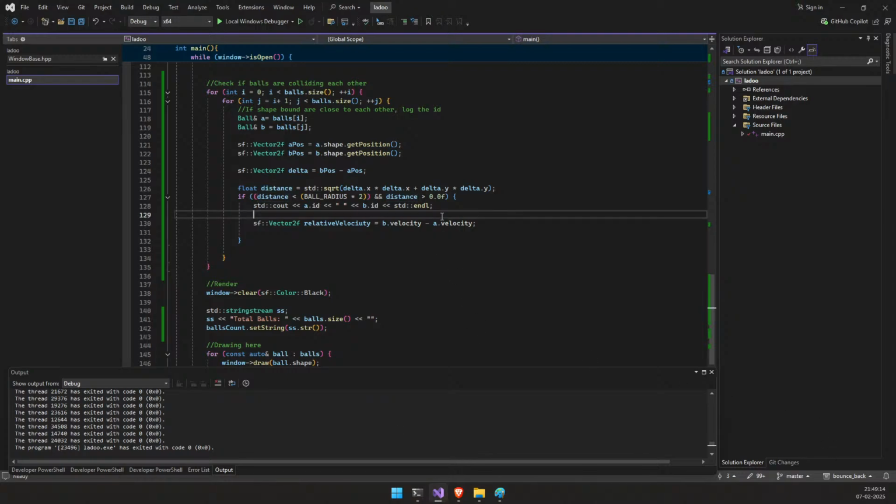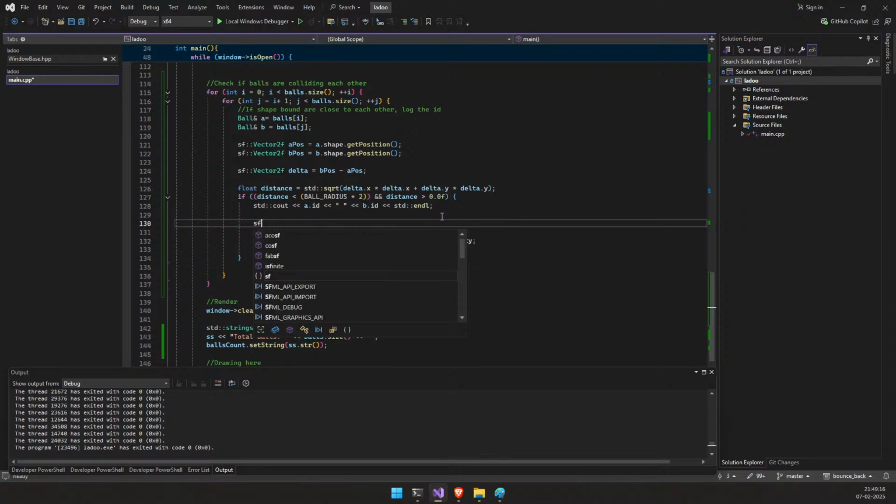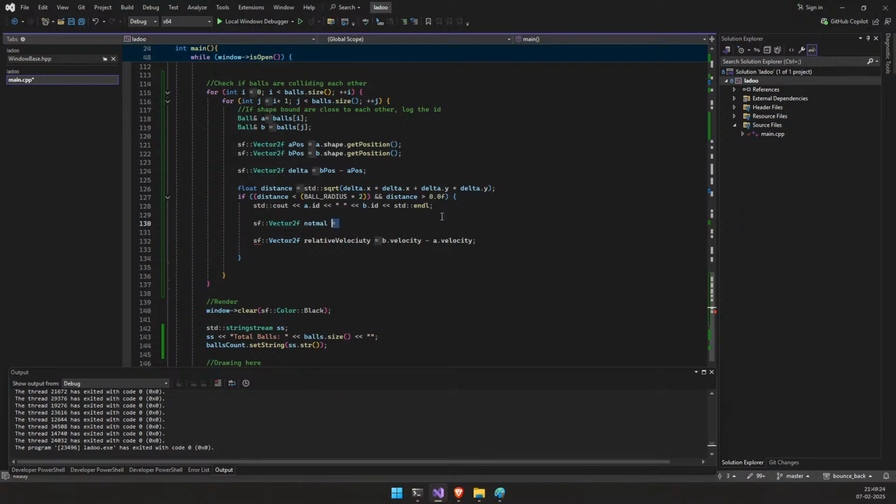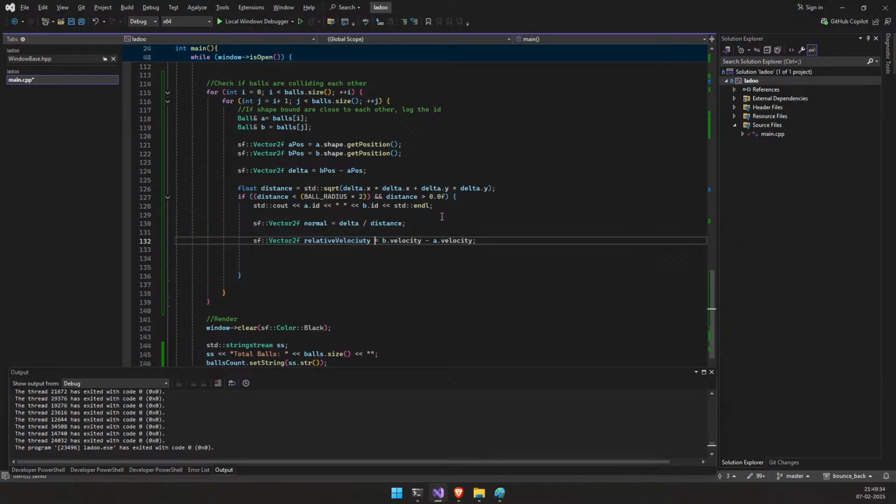Okay, let's see. Get normal, direction, distance. We have relative velocity between them.